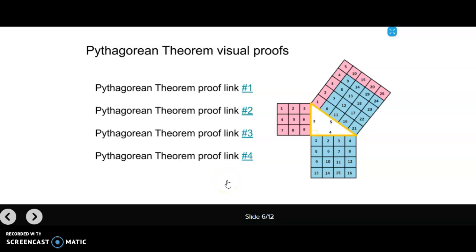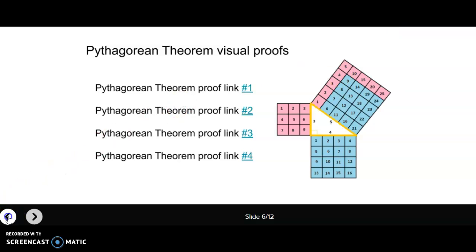Okay, here on slide 6, there are links for you to click on. Please make sure that you click those links and you watch the videos, okay, because it is showing you a proof of how when you square side A and when you square side B, once you add those two together, you should get side C squared.